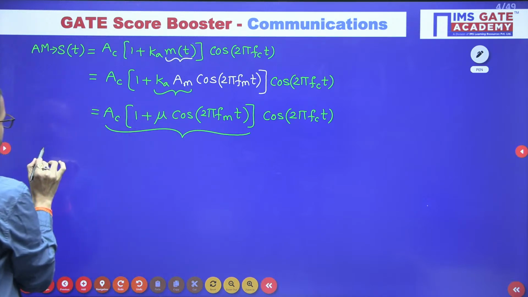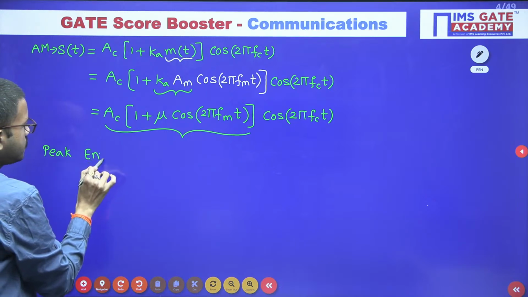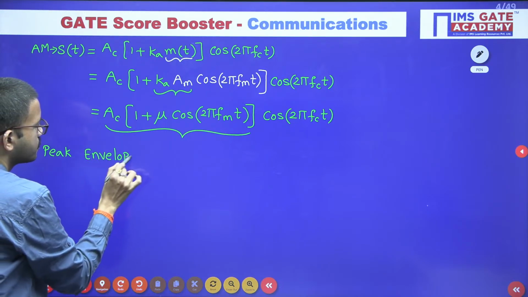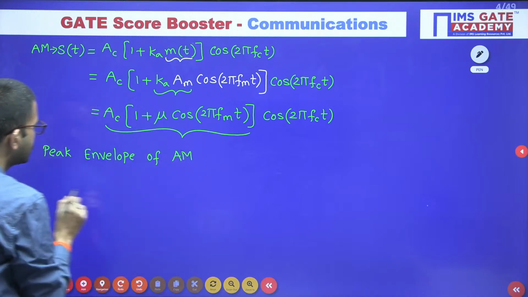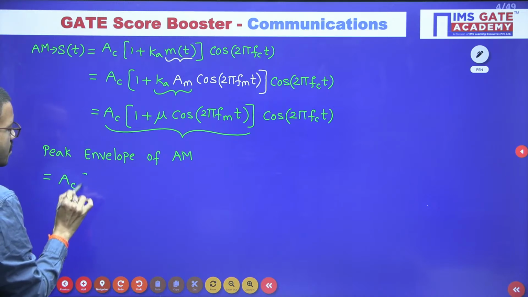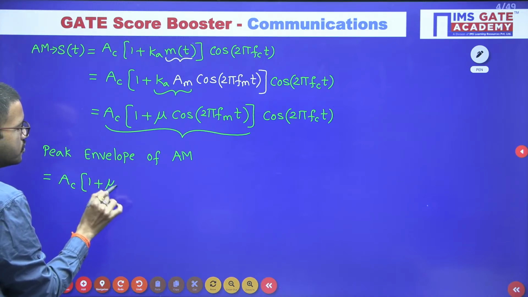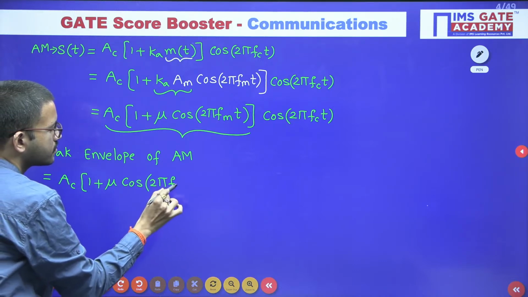Okay. So from here I am writing the peak envelope of the AM signal, which is nothing but Ac into 1 plus mu cos 2 pi fm t.